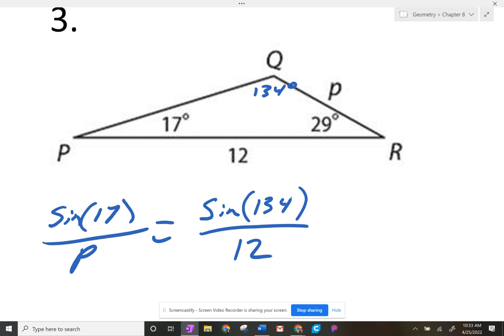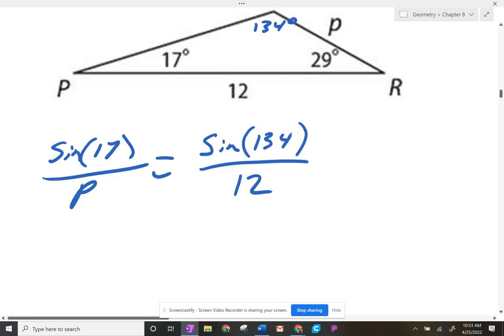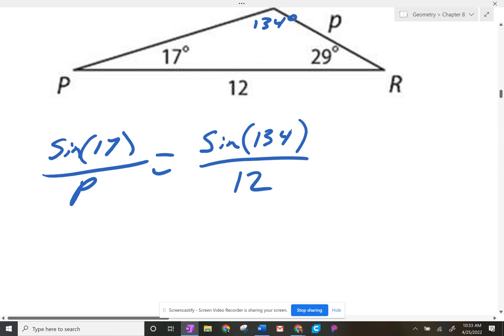If you did that one, and again, depending on where you round it to, sine of 17 times 12 should have been 3.508 equals sine of 134 times p. You should have had 0.719 p.